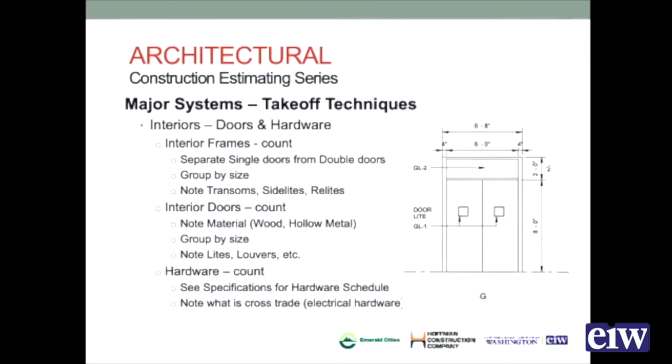Group them again by size, but you don't need to understand whether they're part of a double door assembly or a single door assembly, because you just look at those as each leaf of the door. But you need to note whether the doors have glazing in them. So if you have door lights like these doors have, you need to account for the cutout when you price out the door, but also the glass that goes in it, the same way that you would for a transom panel, relight, or side light.